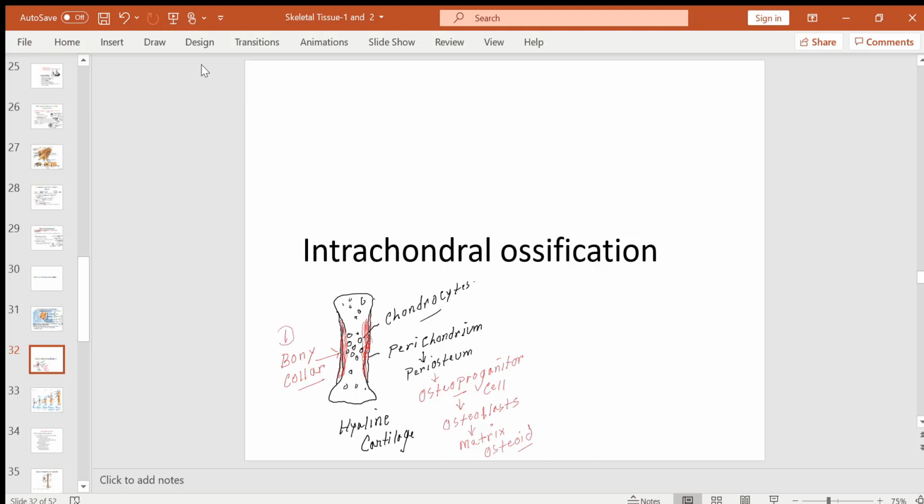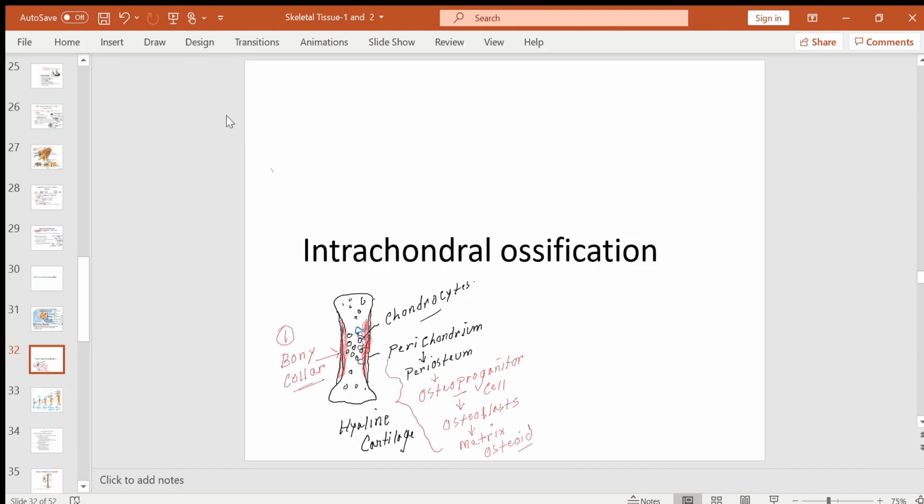How that happens, I have explained here. Okay, so first bony collar is formed around the cartilage, hyaline cartilage. Then what happens? From that inner layer of the periosteum, the periosteal buds are formed like this. Periosteal buds.